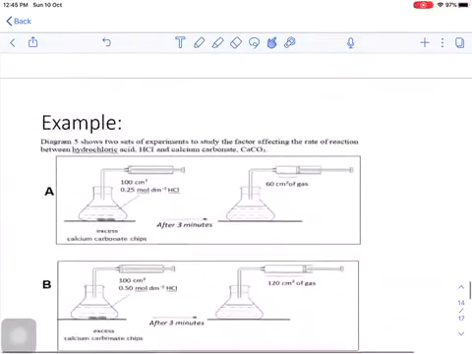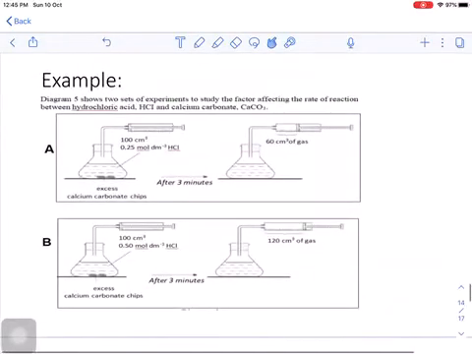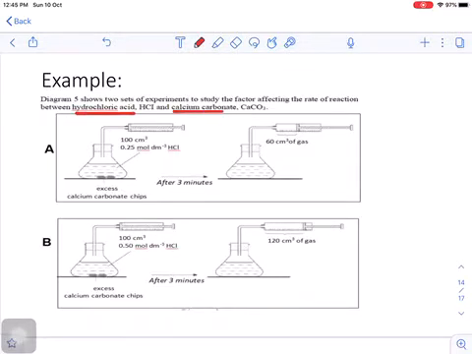Okay, example here. Diagram 5 shows two sets of experiment to study factor affecting rate of reaction between hydrochloric acid and calcium carbonate. Okay, now compare set A and B. Both use excess calcium carbonate chips.